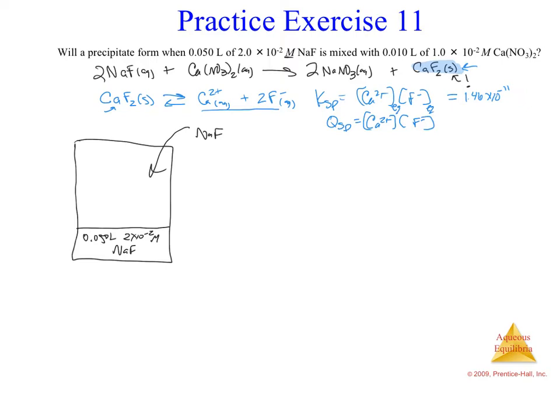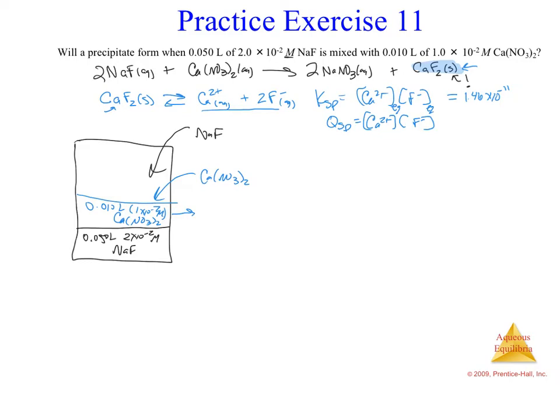And I'm adding to that calcium nitrate. I'm adding 10 mL, or 0.010 liters, of 1 times 10 to the negative second molar Ca(NO3)2. So we're essentially diluting both of those because we're combining to a new total volume.